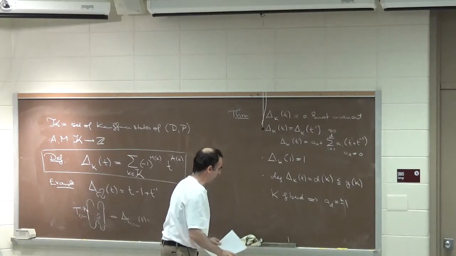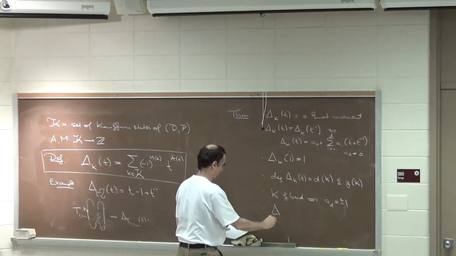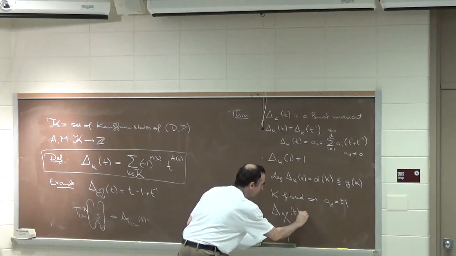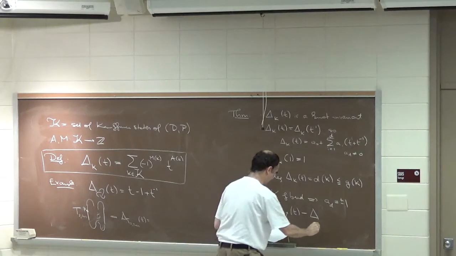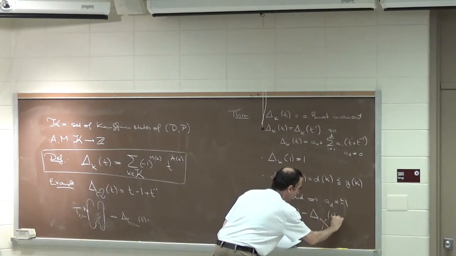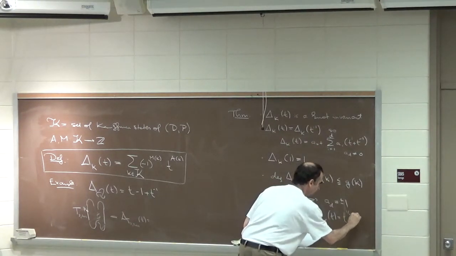There is a skein relation which helps you to compute the Alexander polynomial, which I abbreviated in this way, and I will not use that later.